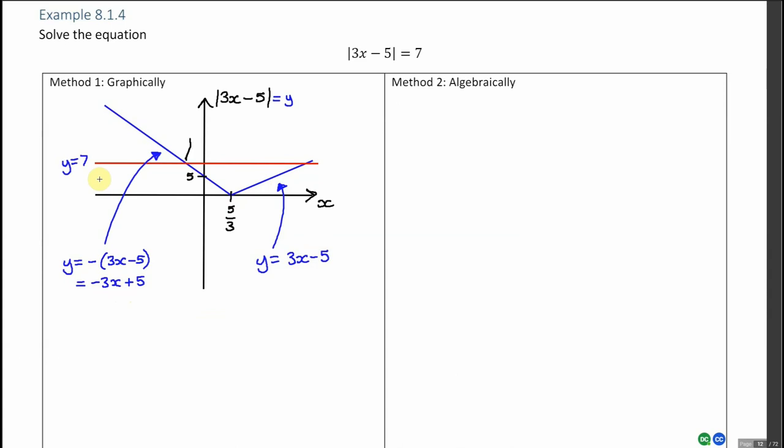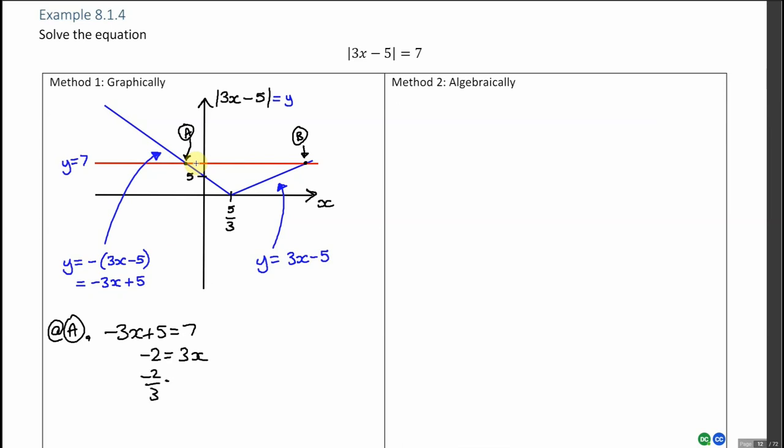If I call this solution here A, and this solution over here, let's call that B. So at A, the line segment we have is the line with a gradient of -3 and a y-intercept of 5. So that's -3x plus 5. It equals 7 at that point, has a y value of 7.